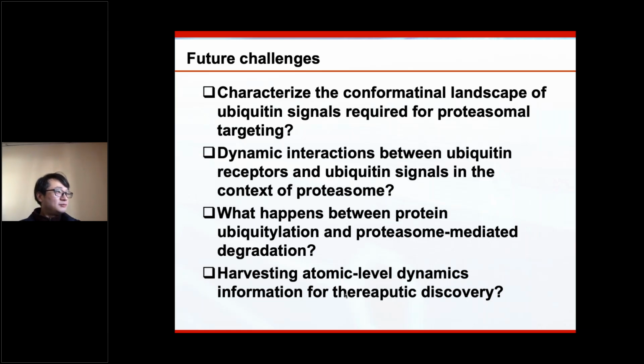Also, in fact, there are many things that could happen in between protein ubiquitination and proteasome-mediated degradation.